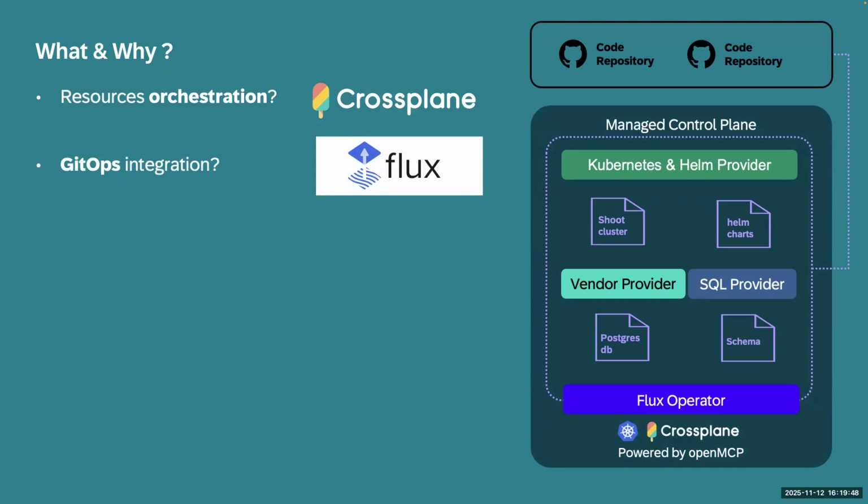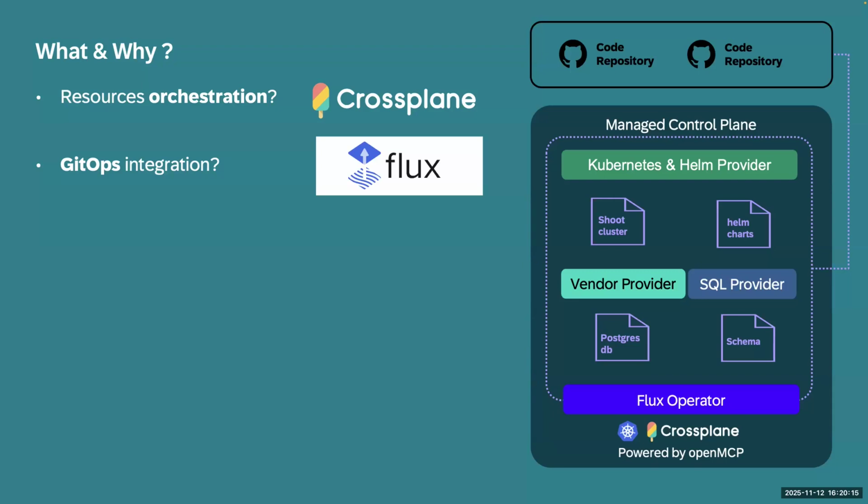We are using Flux as our GitOps integration, so that Flux does the heavy lifting of comparing, syncing, and applying the latest Kubernetes manifests or packages that it looks at. With that, we now have a history of changes of the managed control plane resources, which are also, of course, revertible. And all the changes are now reviewable and validated through PRs and the pipelines that you build on top of it.